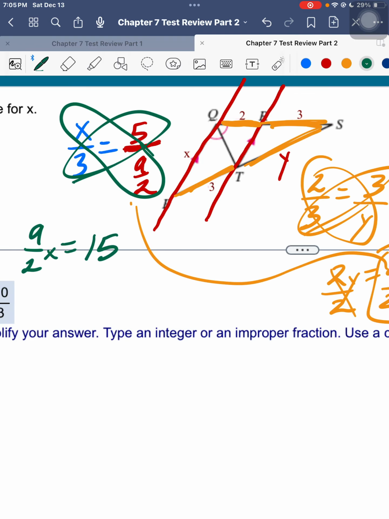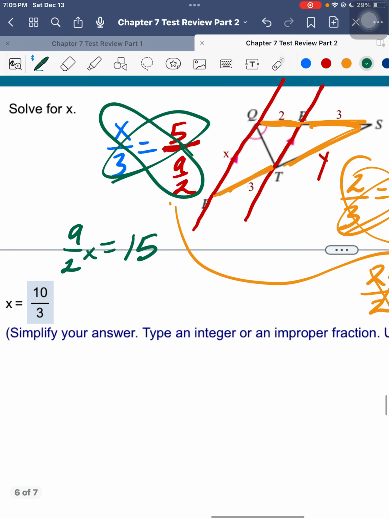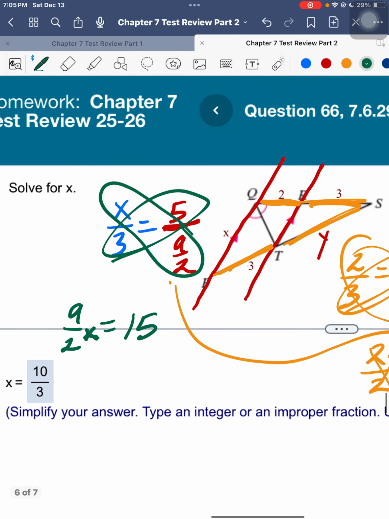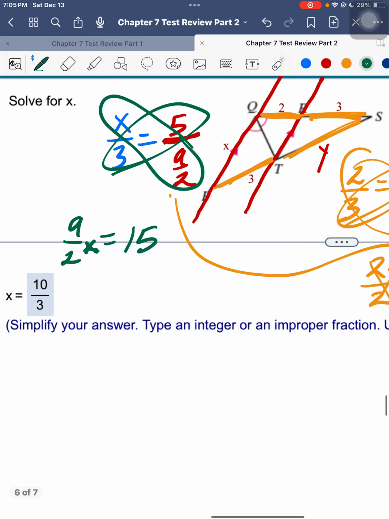Now, normally, this x is being multiplied by this 9 over 2, so our first instinct is to divide, but I know that I can do something else besides dividing by a fraction. I can multiply by that fraction's reciprocal, which is 2 over 9. So now my x, 2 over 9.